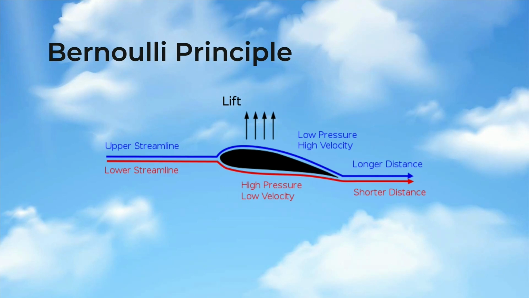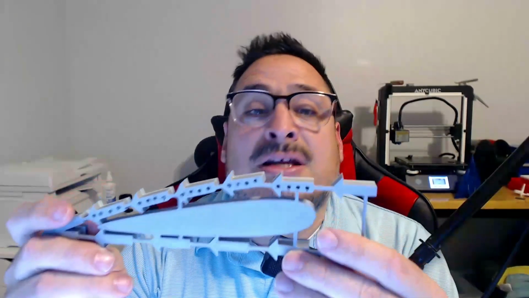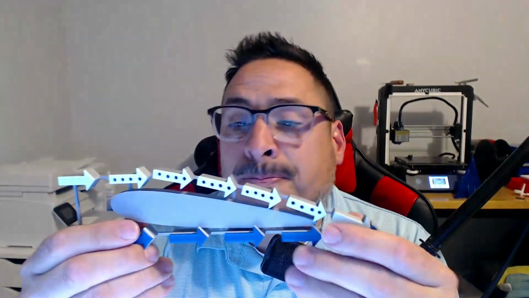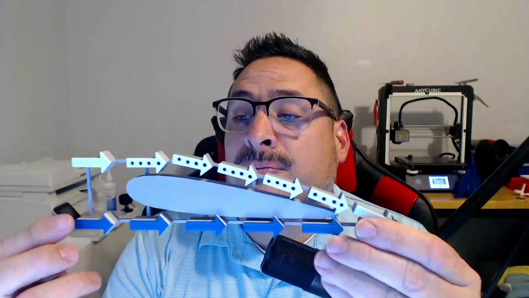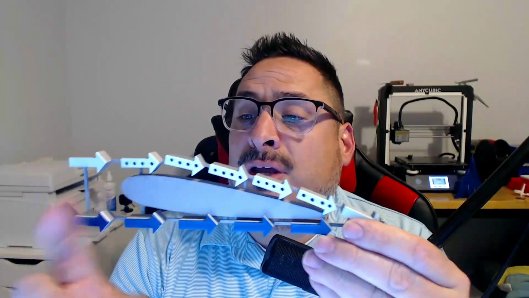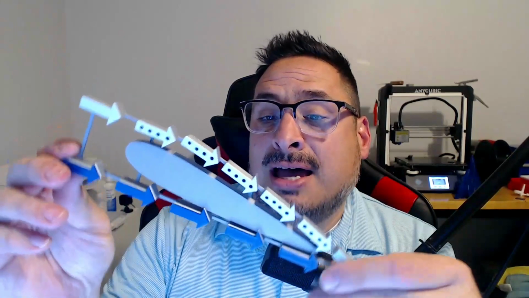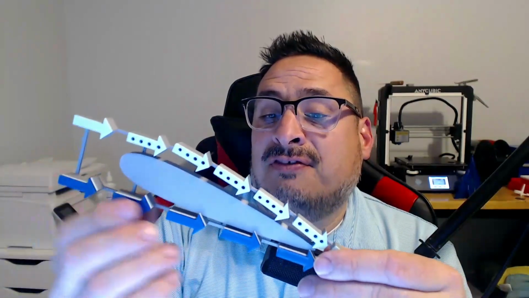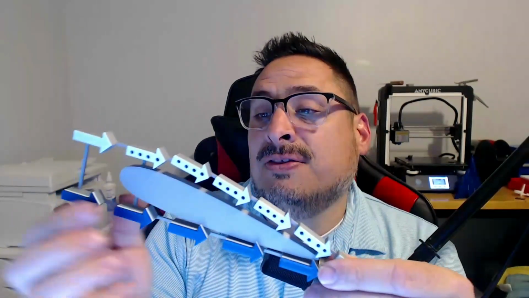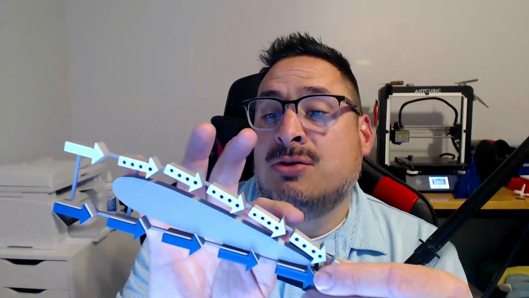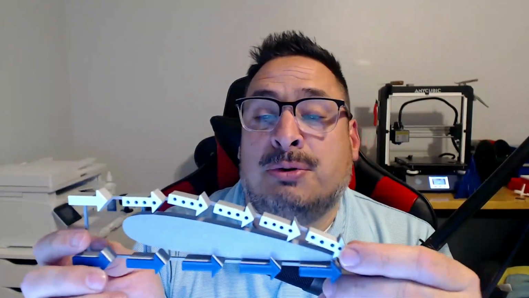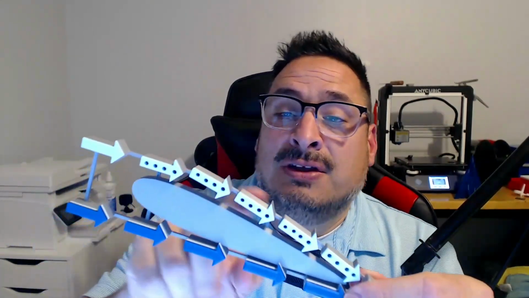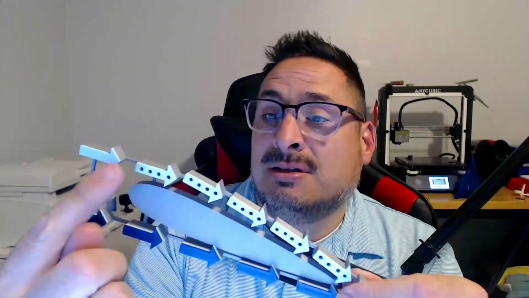So that goes back to this little 3D model, that's backwards, that I printed. As that airflow is coming to the wing, and again, our angle of attack is high, our angle of attack is flat, that changes how fast the air travels beneath, and how much is obstructed and slowed down on the top. With Bernoulli's principle, the more angle of attack that we add, the less dense it becomes on the top of the wing.